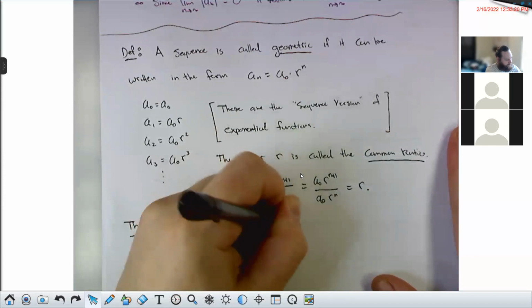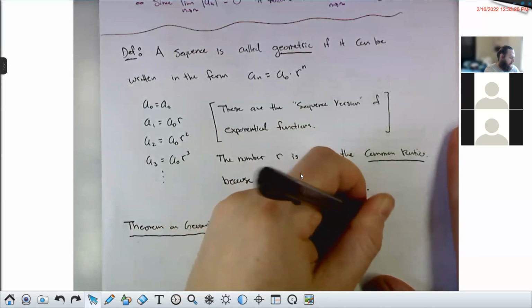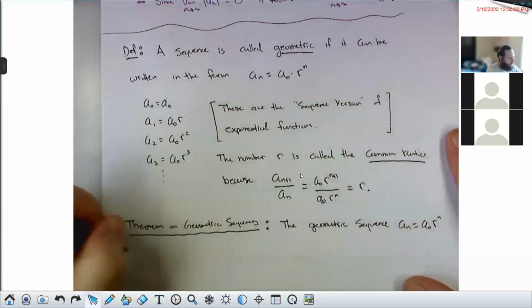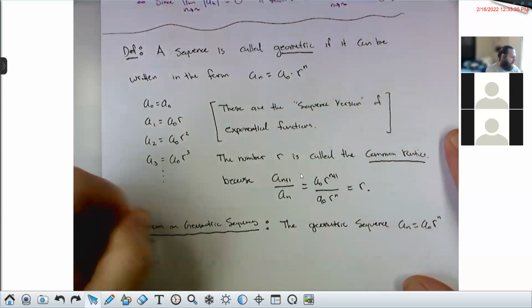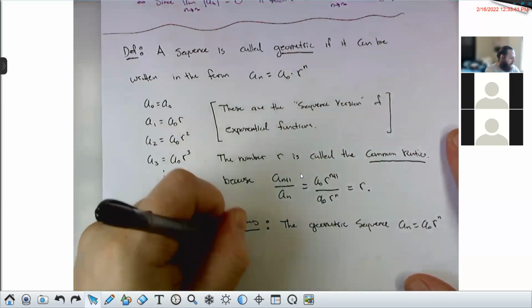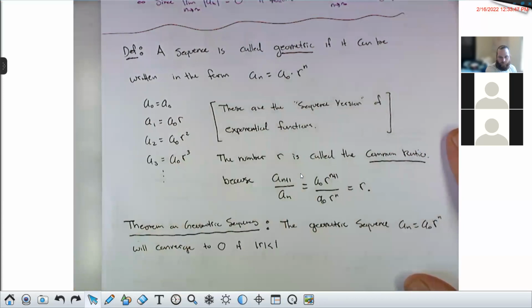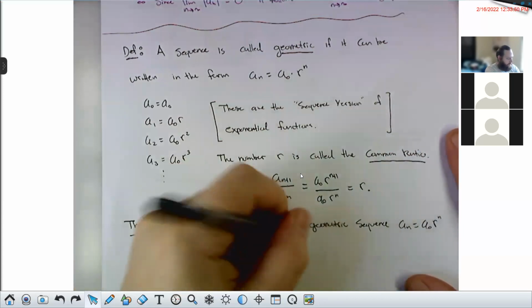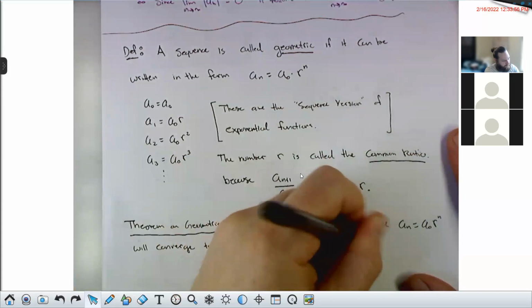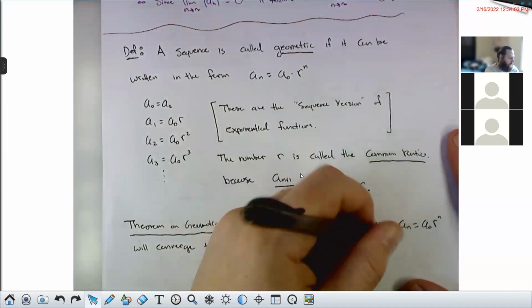So the geometric sequence a_n equals a0 times r to the n will converge to 0 if the absolute value of r is strictly less than 1, and diverge if the absolute value of r is strictly greater than 1.